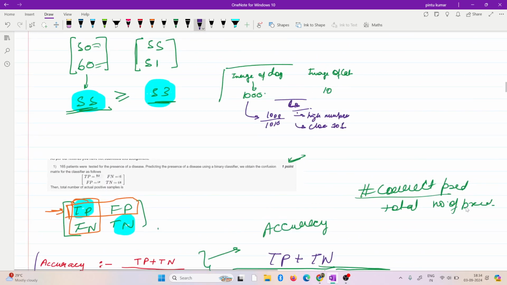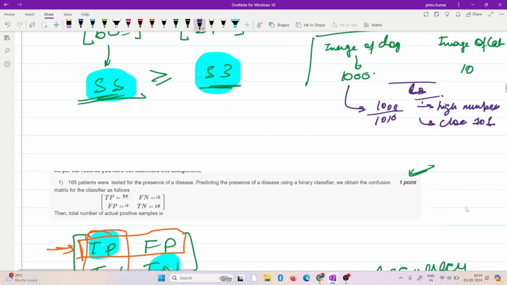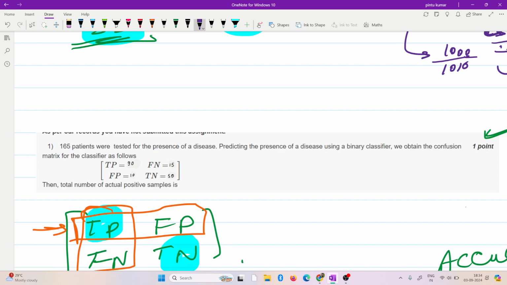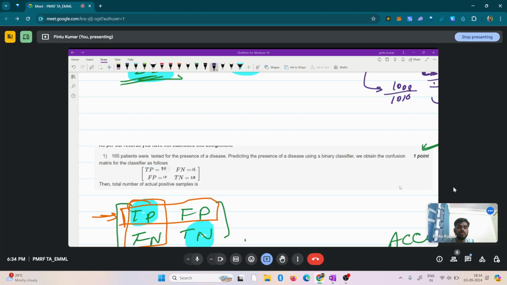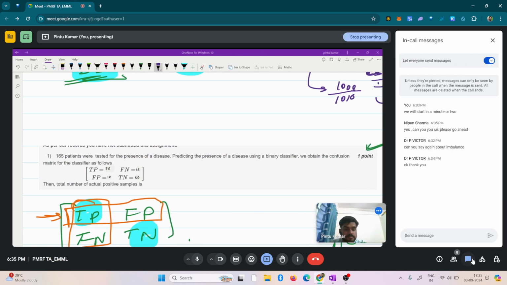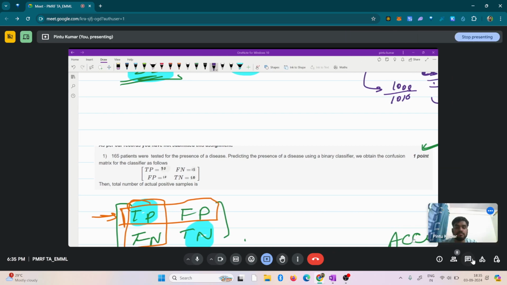Now, can you guys please attempt this question and tell me what is the total number of actual positive samples? You are given true positive, false negative, false positive, and true negative.